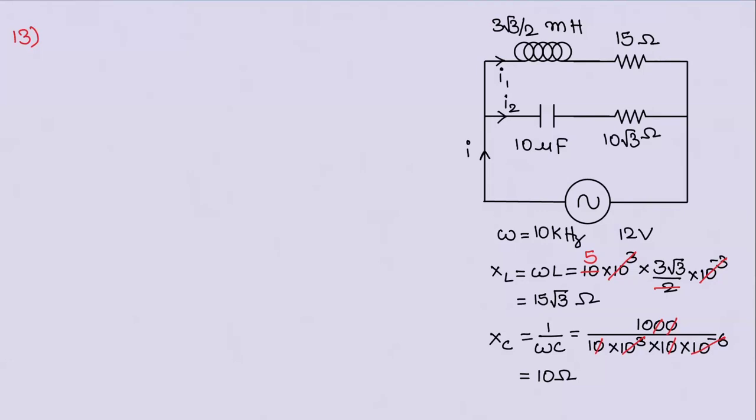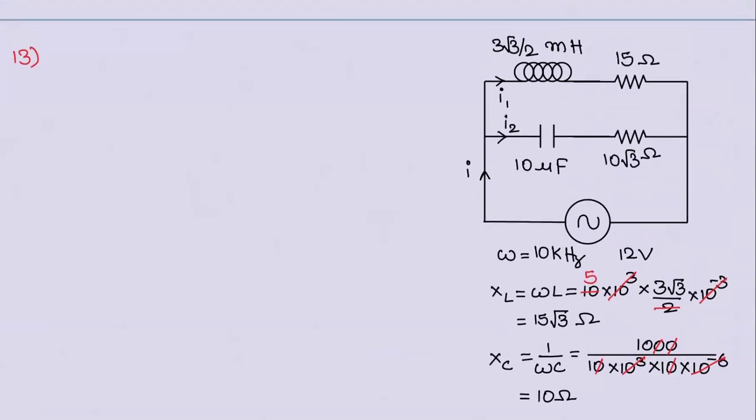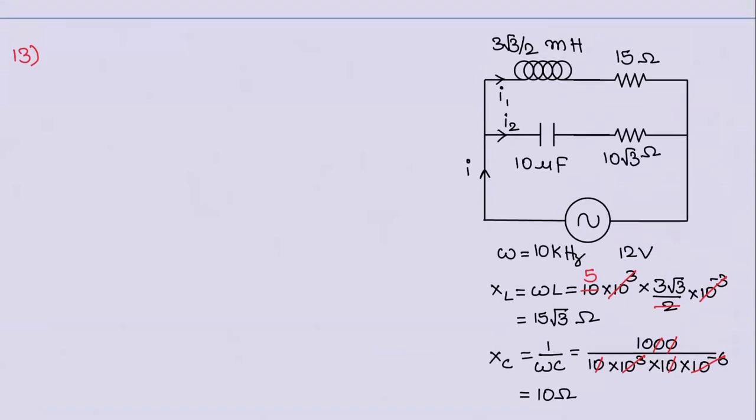In the upper circuit, I need to take the voltage phasor: the voltage across the inductor, the voltage across the resistance, and the current. The resultant total voltage will be like this. Standard stuff. I think we know all these things. We did a lot of problems.